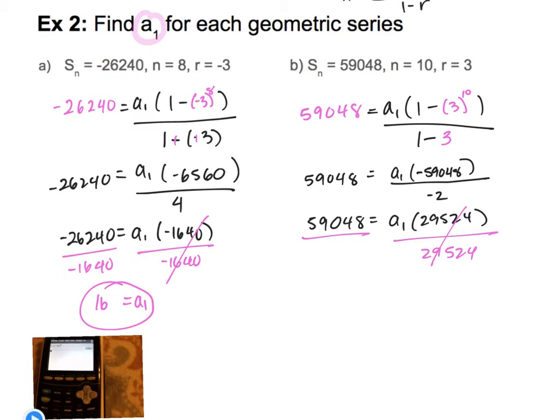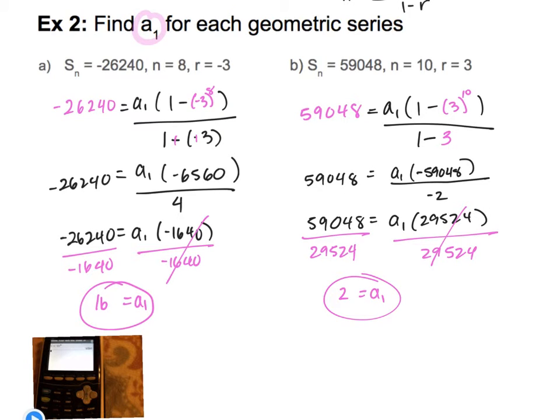So I have to divide this side by 29524. And that's going to give me, I'm guessing 2, because it looks like the same number as before. But let's see here what the graphing calculator says. I also got 2. So 2 equals my first term. And there we have it, our answer.